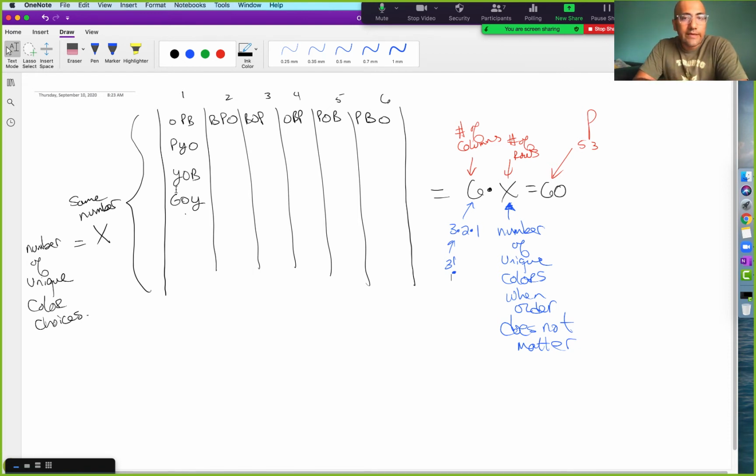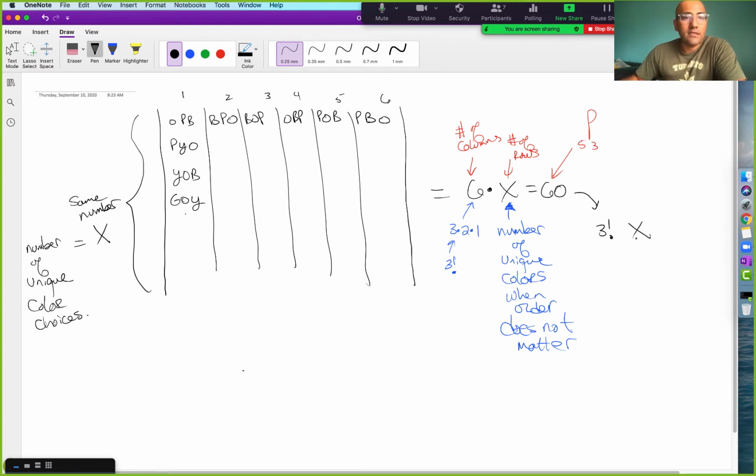How many ways are there to pick the colors with the order not mattering? The way we do it is that first we figure out the permutations, because that's easy. And then we divide away the number of columns here, the number of ways to mix them around. It's sort of the excess amount. So if we divide both sides here by the 6, we get a value for x. So the 3 factorial times x is the same thing as the permutations of 5 choose 3, which is 60.